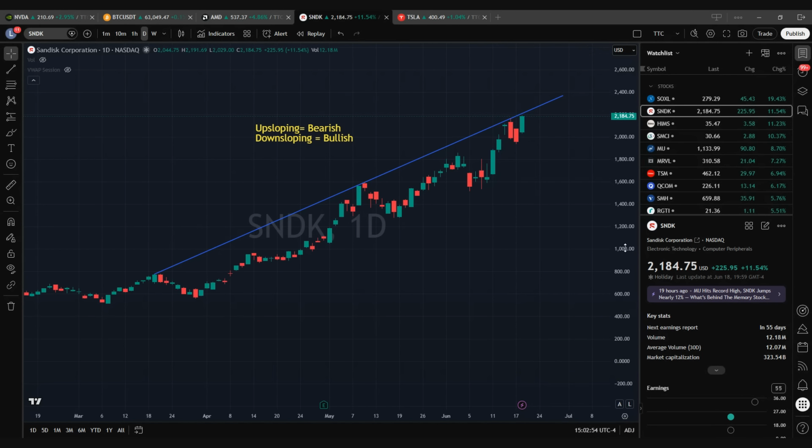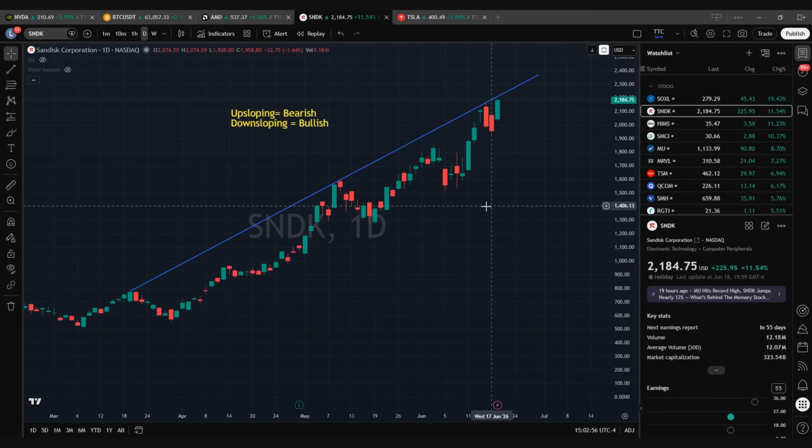So for example, on SanDisk, and this isn't a play, but as this continues to move up, you're anticipating resistance, right? Just about right here. And let's say it's going to be on tomorrow's, then you're expecting resistance somewhere around here. This is just an example of how to use a potential trend line as resistance coming up into that.